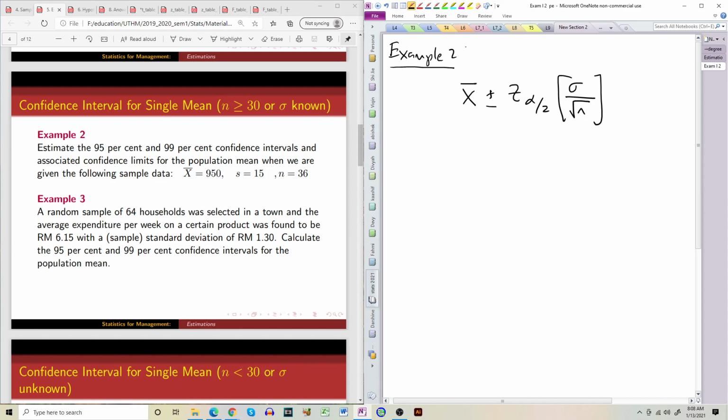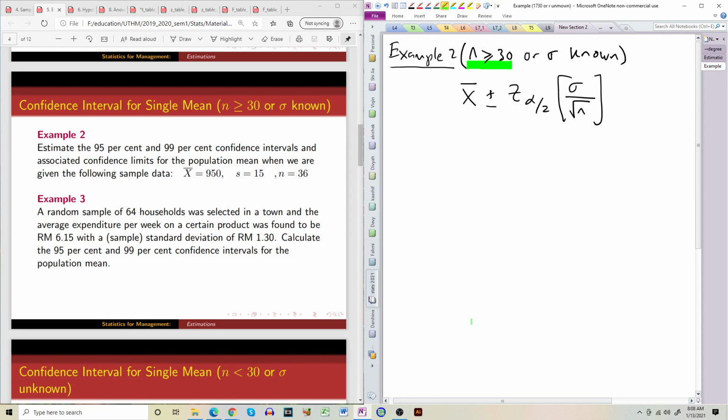We are doing the case whereby n is greater or equal to 30 or sigma is known. Sigma is what? Standard deviation of the population. Okay, in this case we are doing this one. Look at example 2.